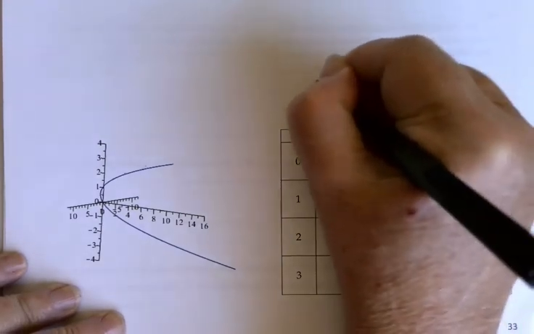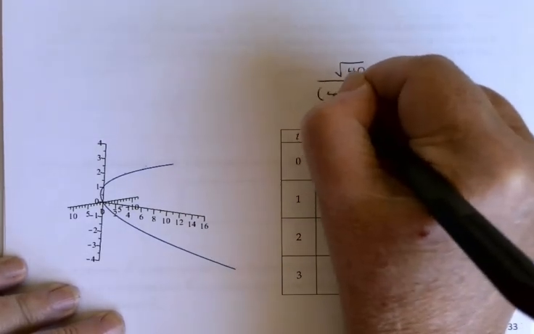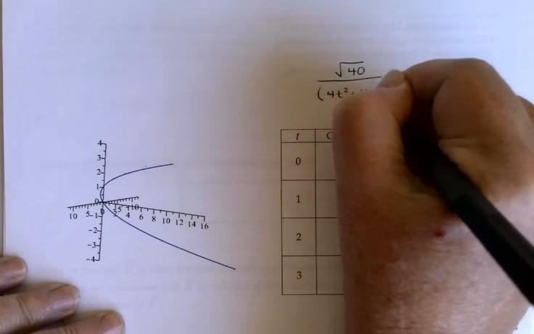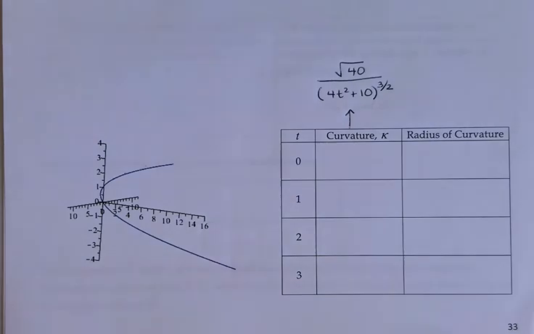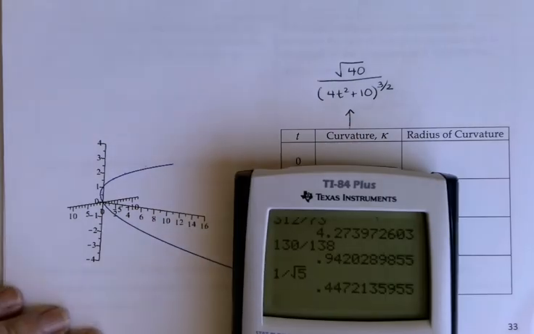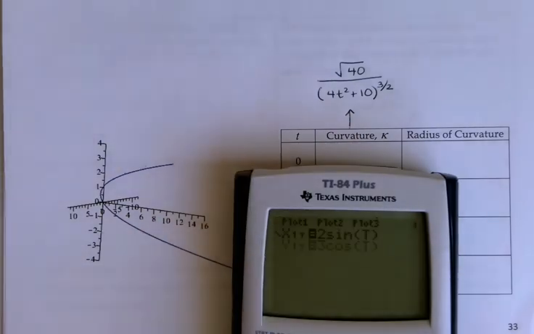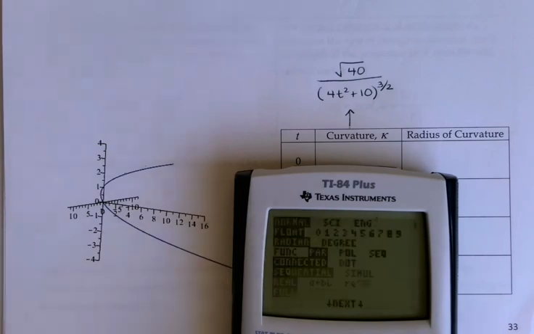And I'm just going to rewrite this right here, square root of 40, and I'm going to make that 4t squared plus 10 to the 3/2. And I'm actually just going to put that in my calculator so I don't have to keep typing it in. Oops, I've got parametric mode going.